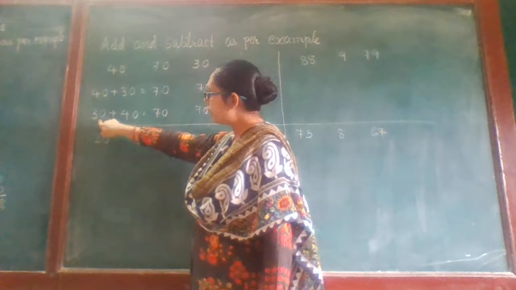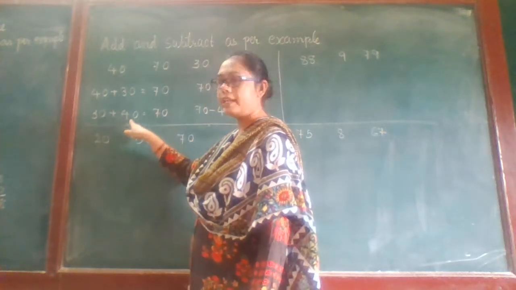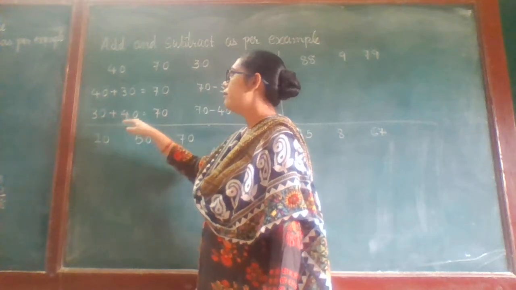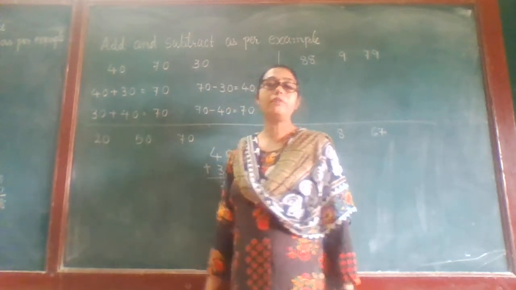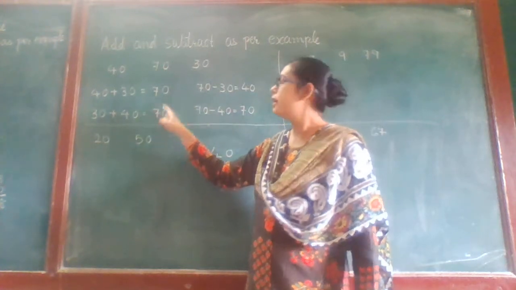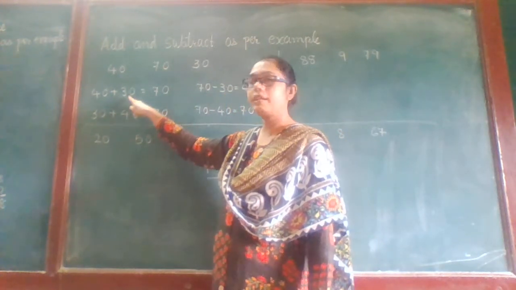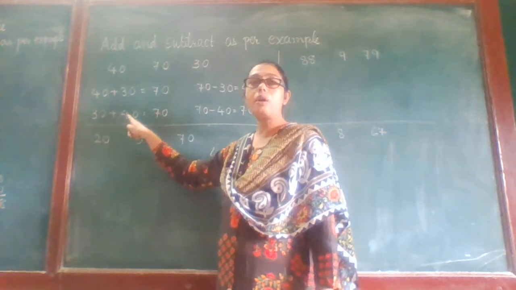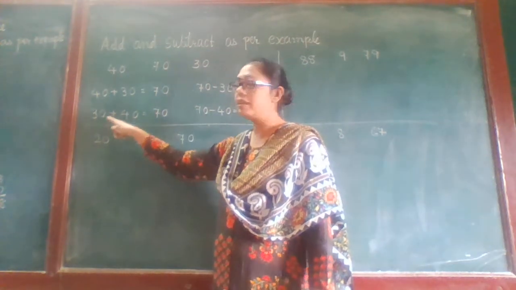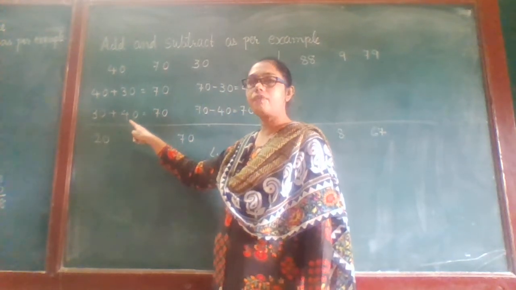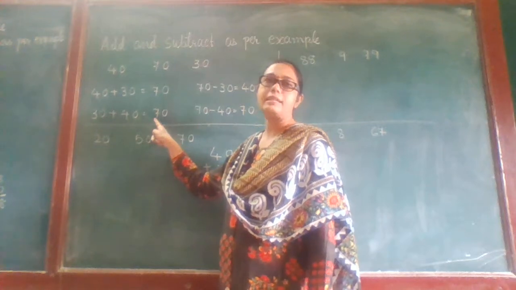They write 30 first and 40 second. So 30 plus 40, when we change the order of the numbers, the answer remains the same. Here only we change the order of the numbers, but the numbers remain the same.